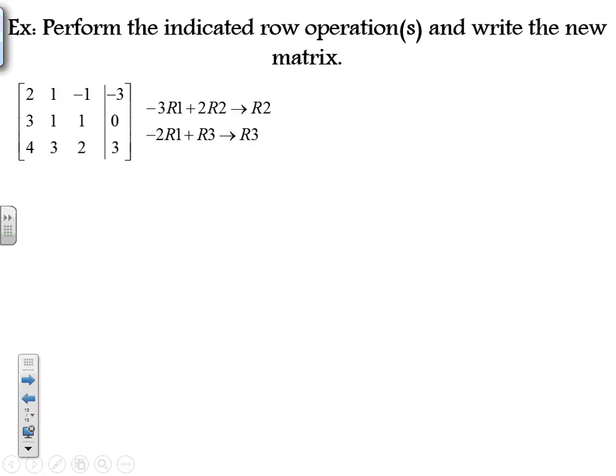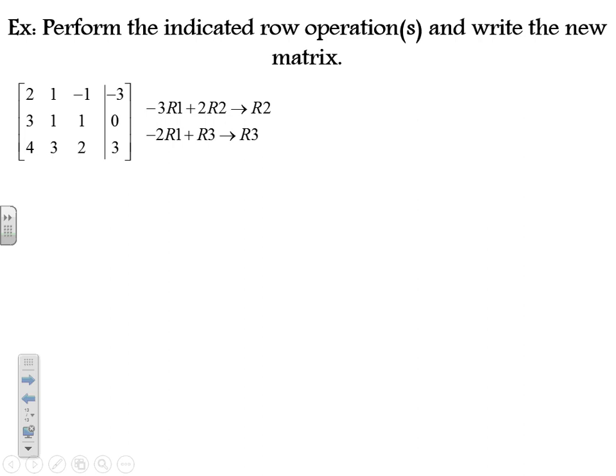What we're looking at here is a normal 3 by 3 system of equations where we have 2x plus y minus z is equal to negative 3, and so on.